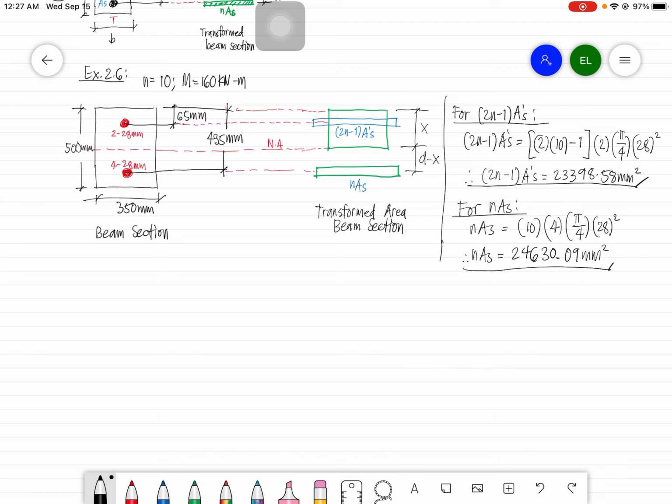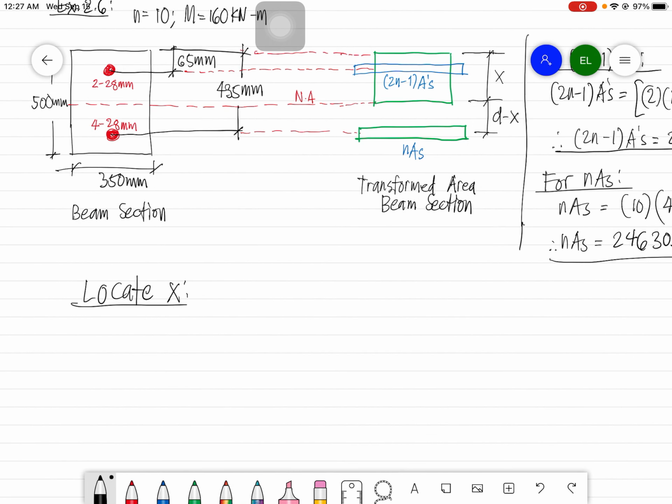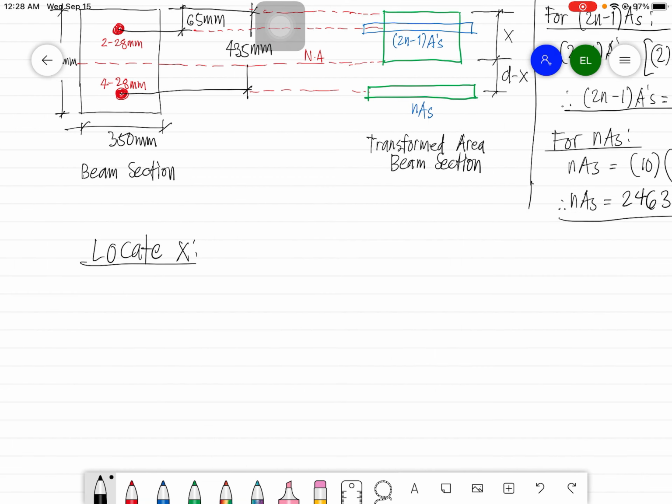Okay, next is to locate x, or to find the value of x. So again, this is to equate the first moment of the compression and tension areas. First, for the compression area, it is equal to 350 times x, then times x over 2.